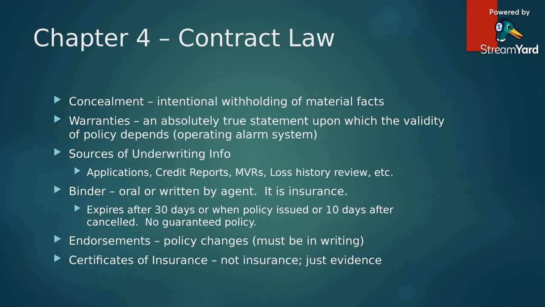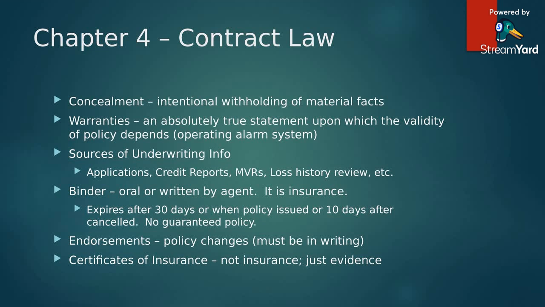A warranty. Now, this is an important one to understand. It's an absolutely true statement upon which the validity of the entire policy depends. So a lot of times in relation to getting a significant discount on a policy, say for having an operating burglar or fire alarm system, the insurance company is willing to give you a much, much lower rate if you attest that you are going to continue to have that and that it's going to be operating so that they can be protected on having a major loss.